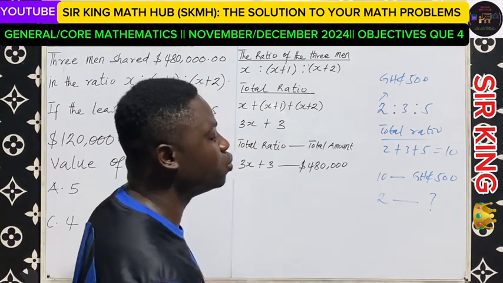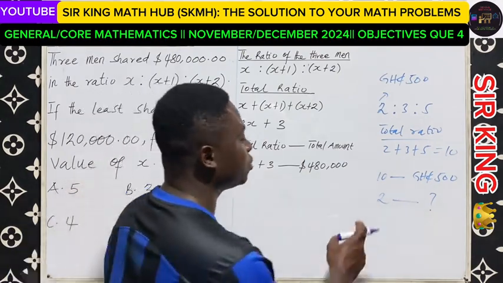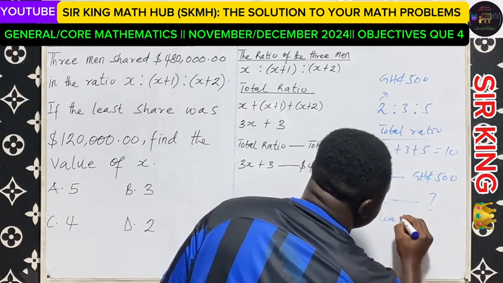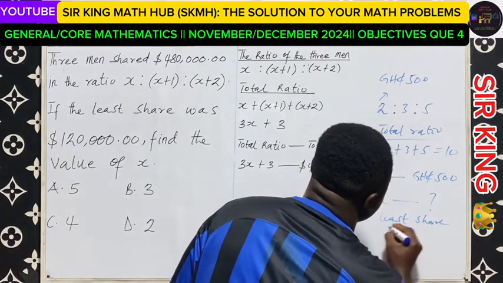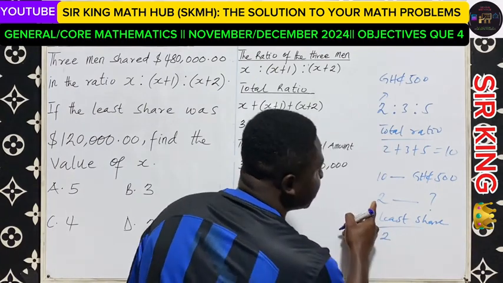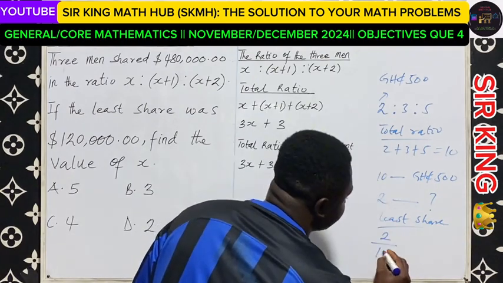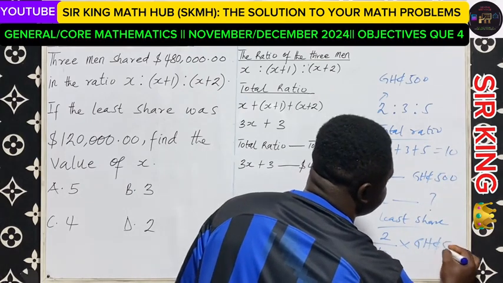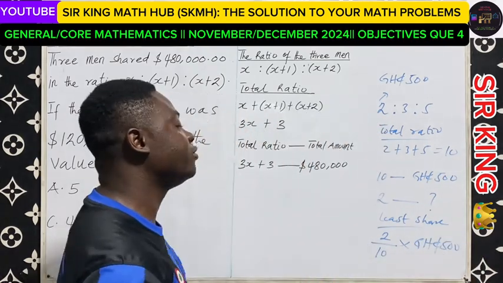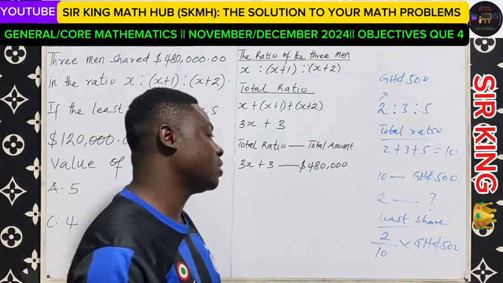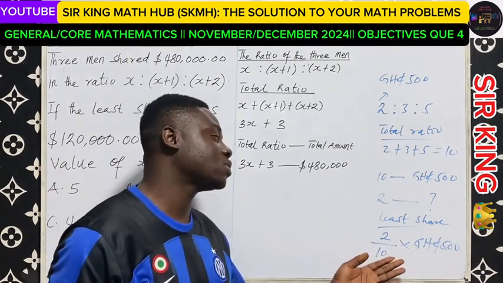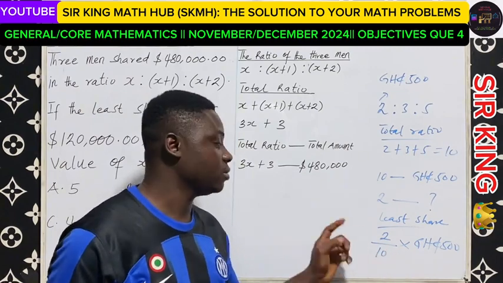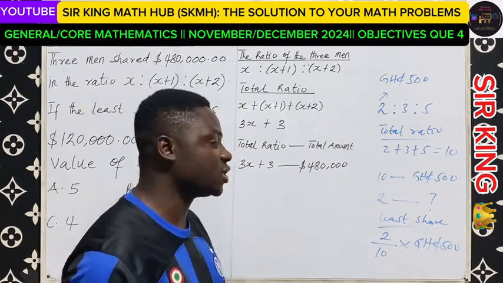So at this point, we can apply proportion. The least share will be the least ratio divided by the total ratio times the total amount, which is 500. We are not interested in the answer, but we are interested in the steps that will guide us to get the value for the least share.